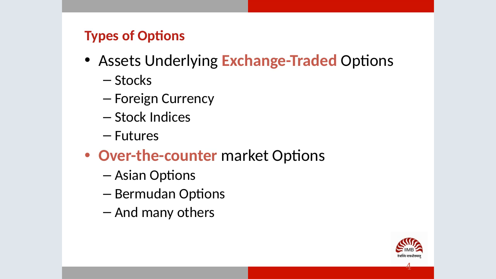So the Bermudan option is a scenario where you have a few choices, not all choices. You can exercise it in a few cases, not in all cases, and that is what is referred to as a Bermudan option.